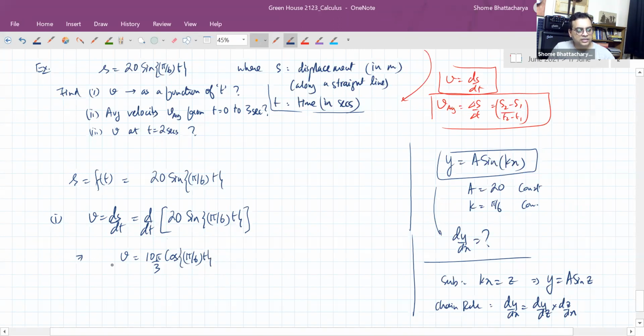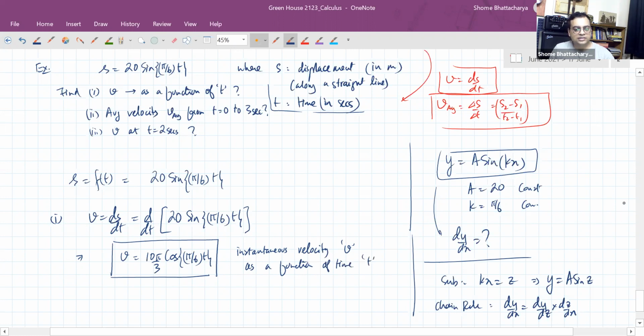So this will be our instantaneous velocity as a function of time. I've not done all the steps, but I've given you the hint about how to use the steps here. So that's the first part.